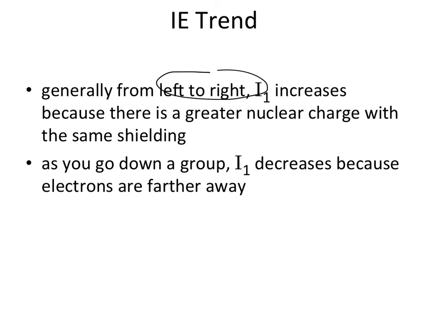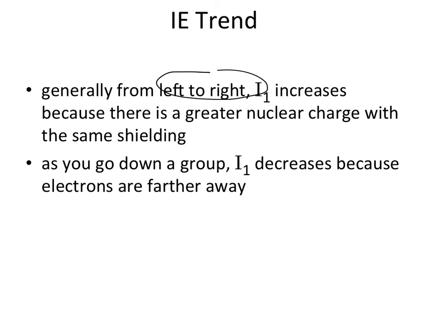The reason why is because as we go from left to right, we have more and more protons being added to that atom, or to each atom. So the number of protons increases from left to right. As we increase those number of protons, the electrons that are also being added go into a shell that does not really contribute much to the shielding of the nuclear charge.